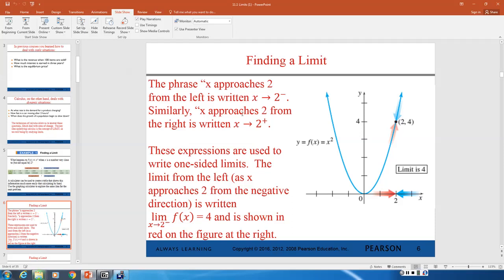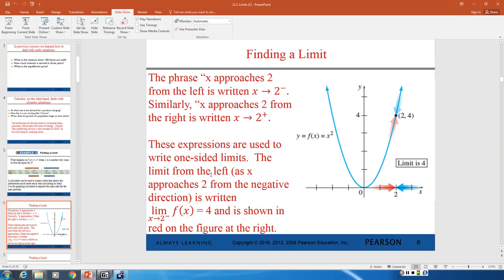And as x approaches 2 from the right, we say that x approaches 2 from the positive side. Okay, the right is positive, the left is negative. The left is less than, the right is a number more than.